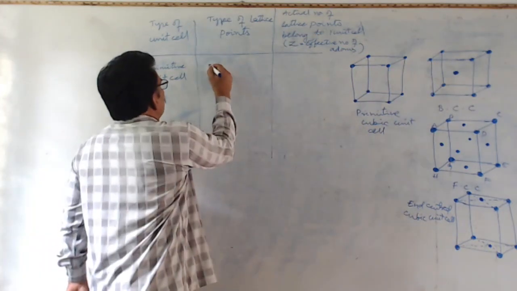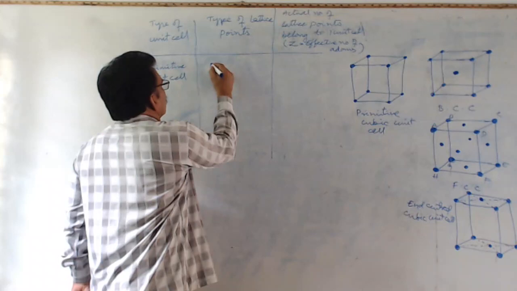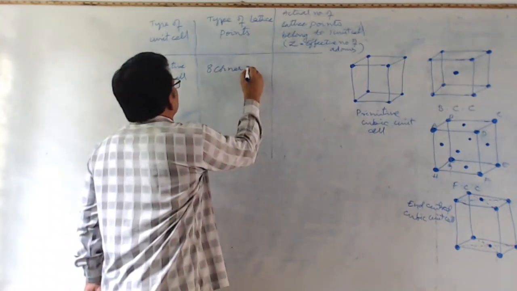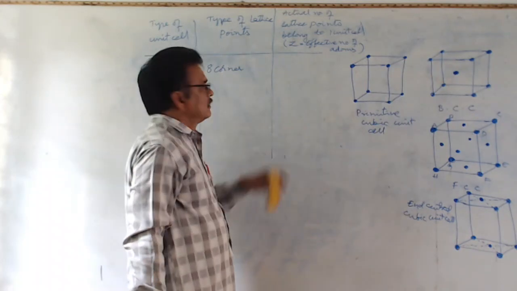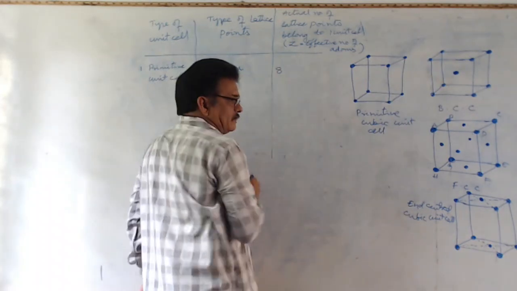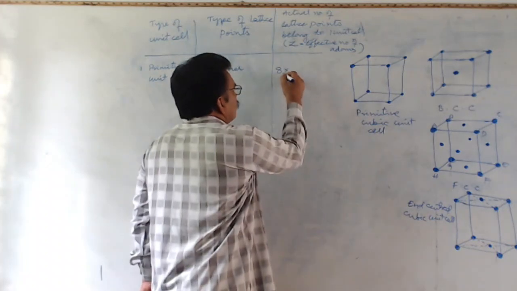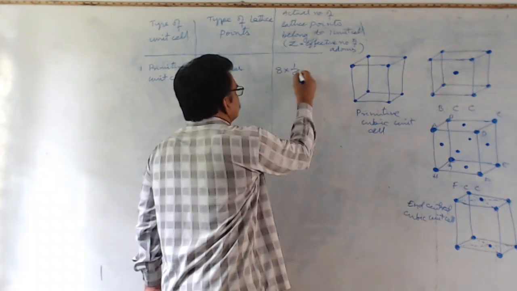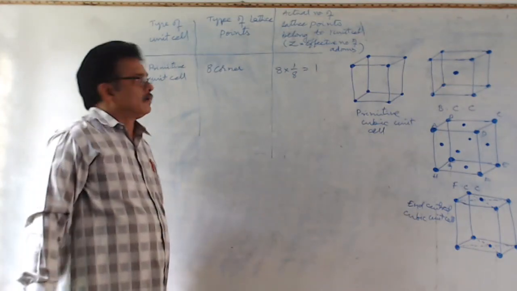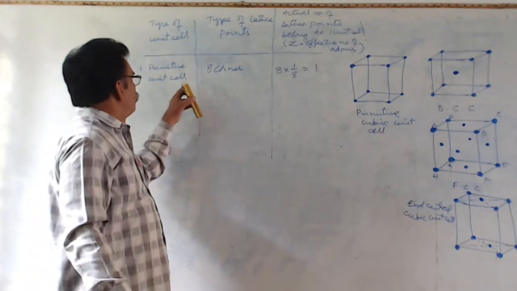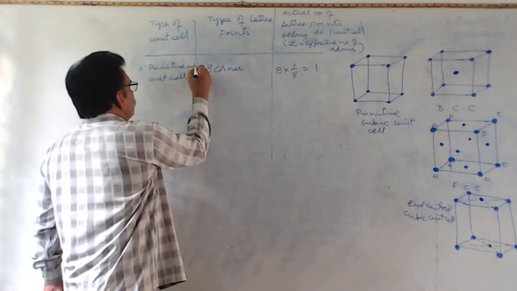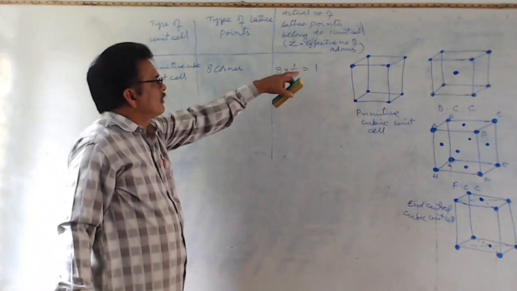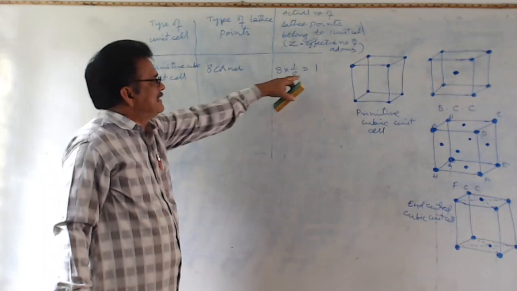So there are only corner points, 8 corner lattice points are present, and the contribution of a corner point to each unit cell is 1/8. So in the primitive cubic unit cell, the Z value, or effective number of atoms that belong to one unit cell, is 1.